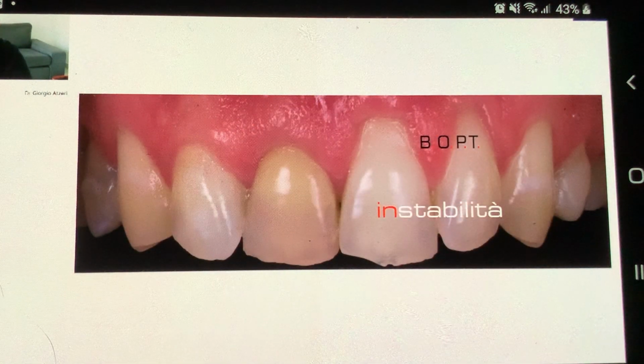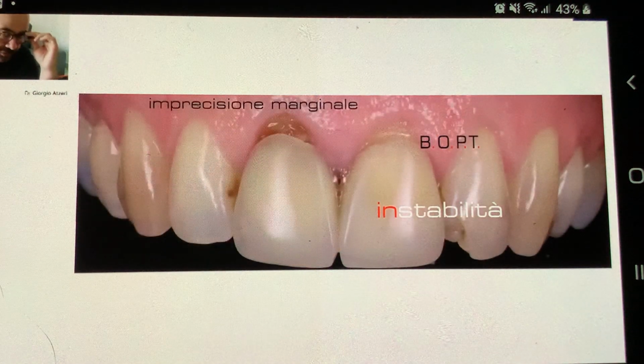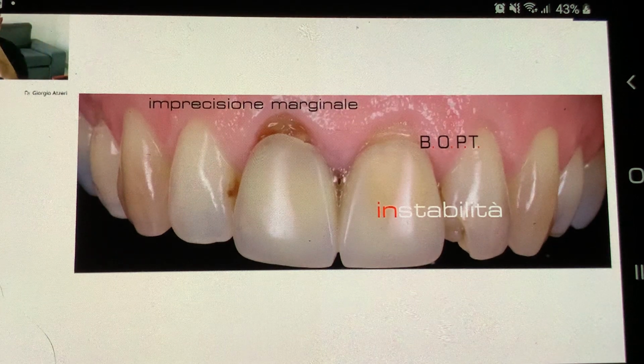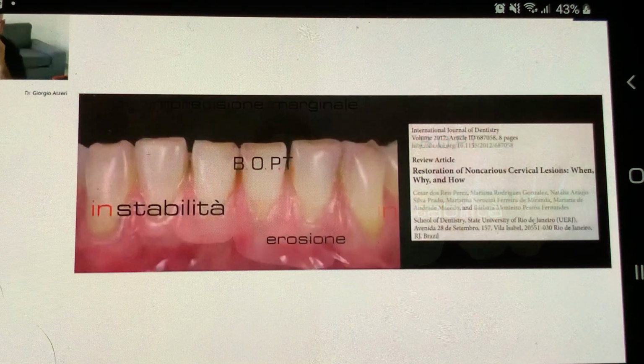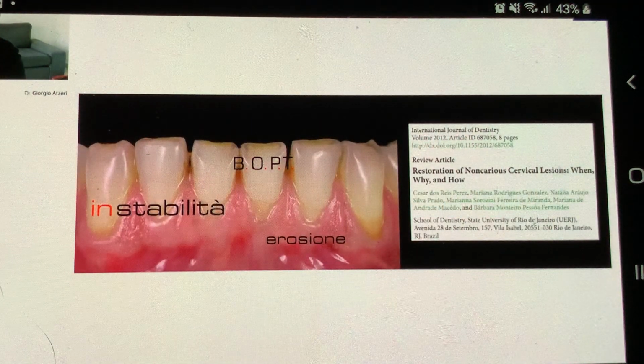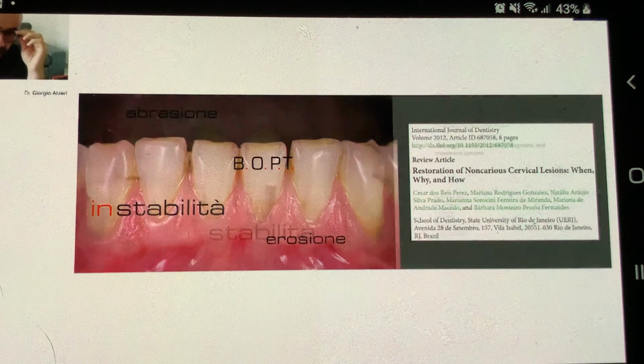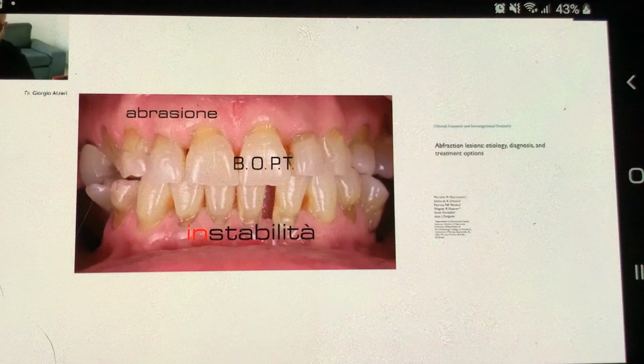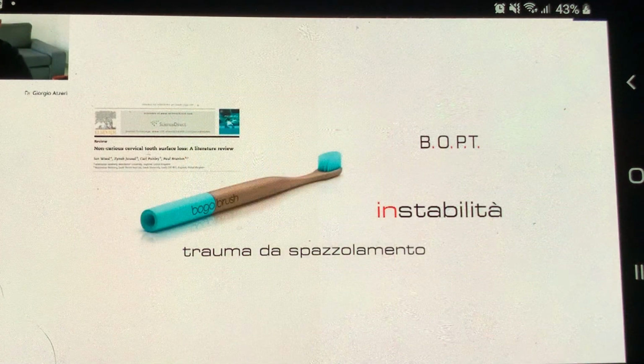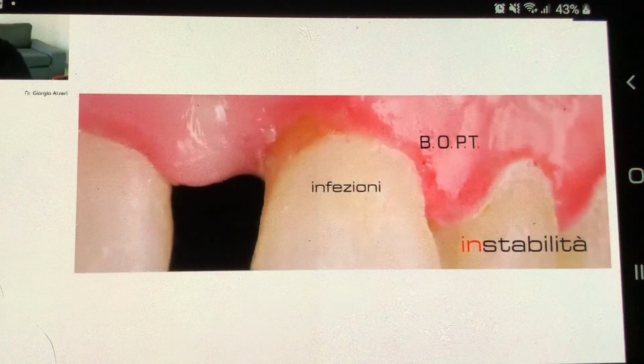So let's start from instability. Instability derives from the fact that many times there are marginal imprecisions of prosthetic jobs, for example, the accumulation of plaque and retraction. And this can be related to the fact that gums have an imbalance also from a chemical point of view, or an occlusal imbalance, or an imbalance related to the brushing, or an infection.